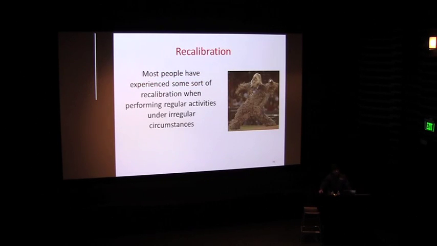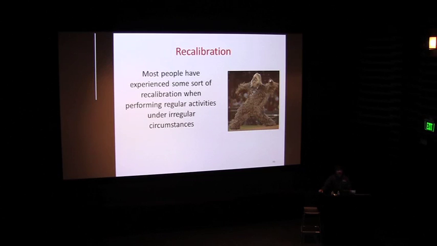And we are keenly interested in effects such as recalibration. I'm sure everybody here, around the world, has experienced recalibration in some way. It's defined as how most people experience some sort of recalibration when performing regular activities under irregular circumstances.